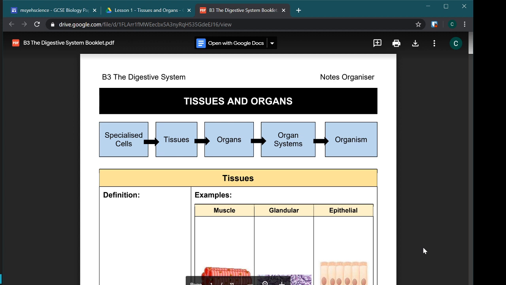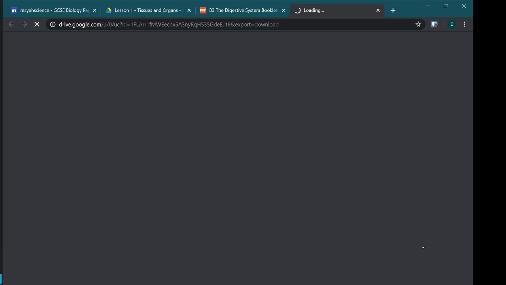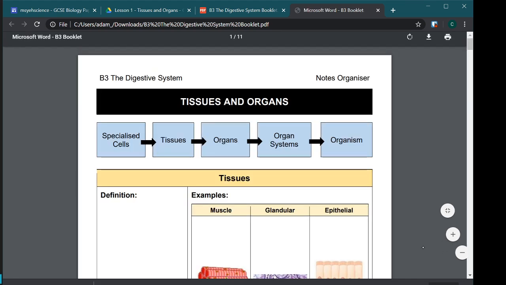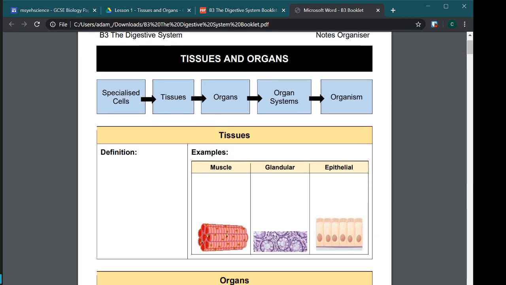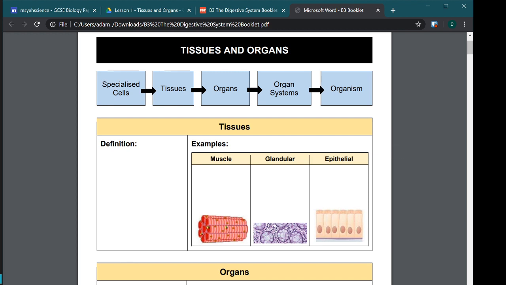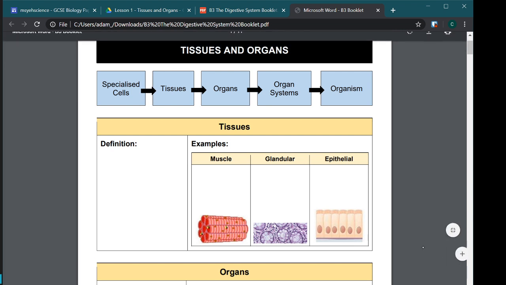Okay, let's just make a start then. Right, let me download this so I can write on it. Okay, so just for today, we're going to be looking at the levels of organization. So over here, you'll see I've done, oops, why can't I draw on this?